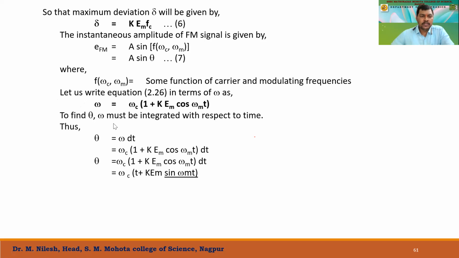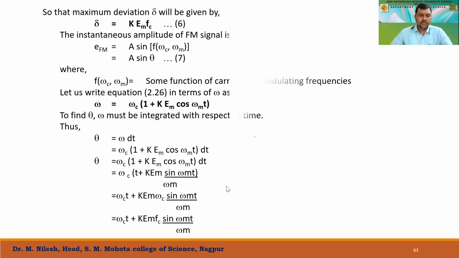So theta is equal to the integral of omega dt, which is the integral of omega c (1 plus k Em cos omega m t) dt. And yeah, this is how we can derive this.